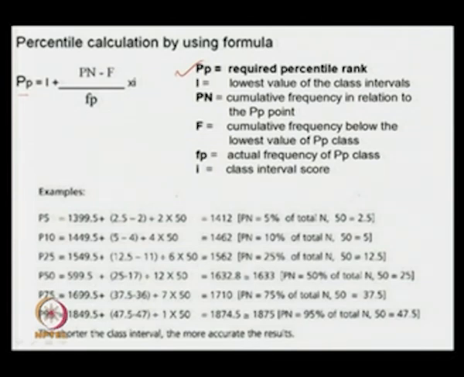F is the cumulative frequency below the lowest value of the Pp class, and Fp is the actual frequency of the Pp class. In this case it is number 2.